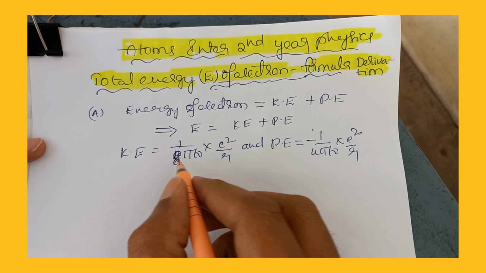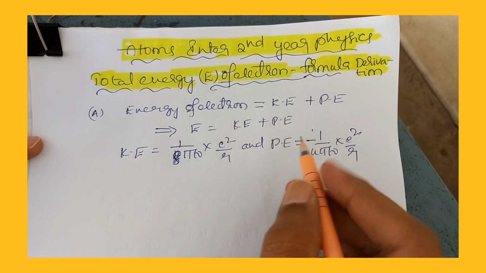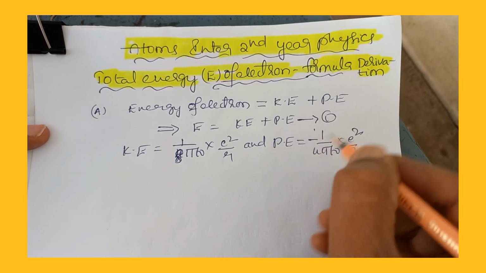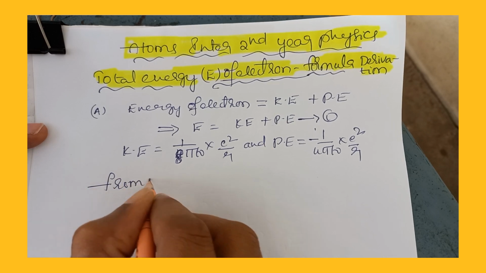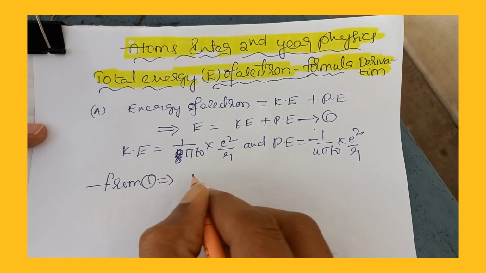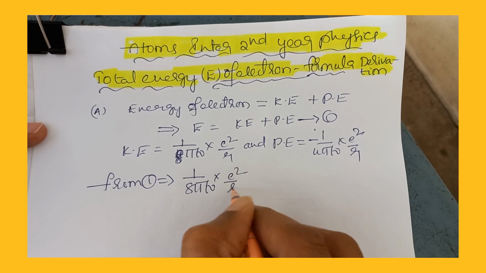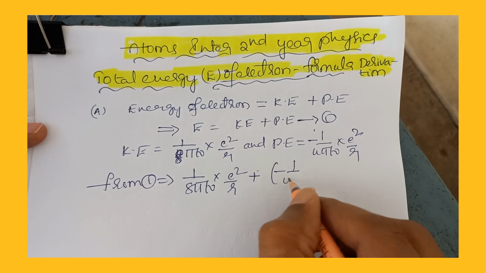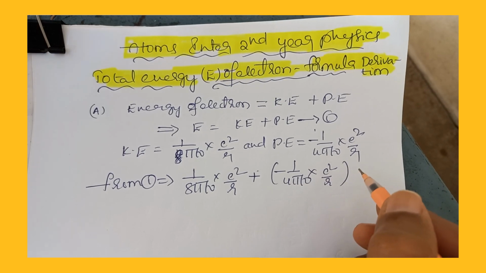So now substitute the formula of kinetic energy and potential energy in this one. This is equation 1. So from equation 1, kinetic energy 1 by 8 pi epsilon naught into e square by r plus potential energy minus 1 by 4 pi epsilon naught into e square by r.